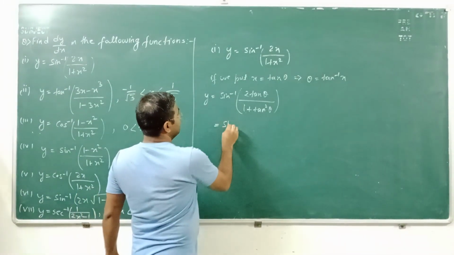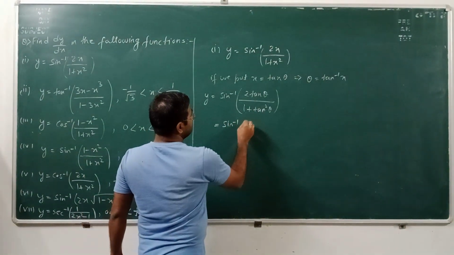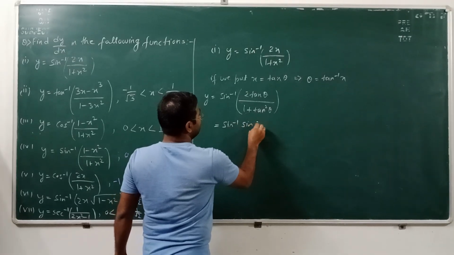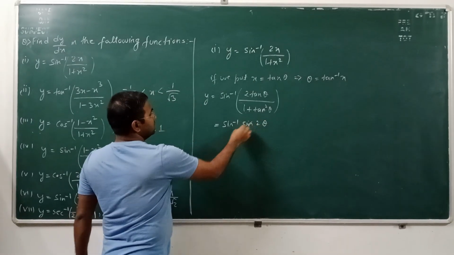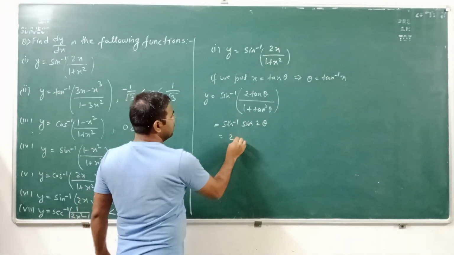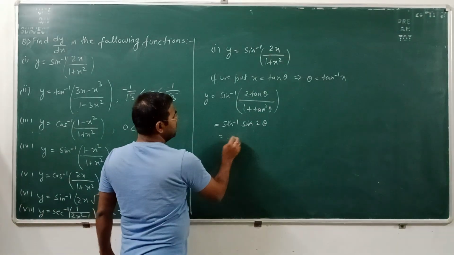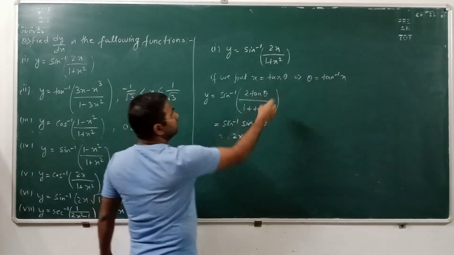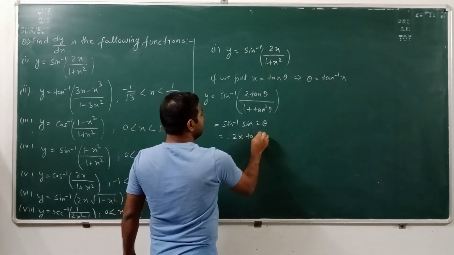Now what you will write here, sine inverse sine 2 theta. Now see, sine inverse gets cancelled out, what will come, 2 theta will come. In place of theta you will put the value tan inverse x.